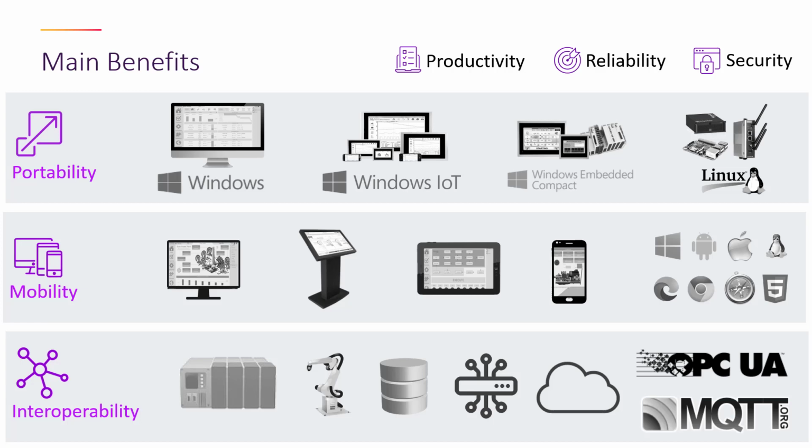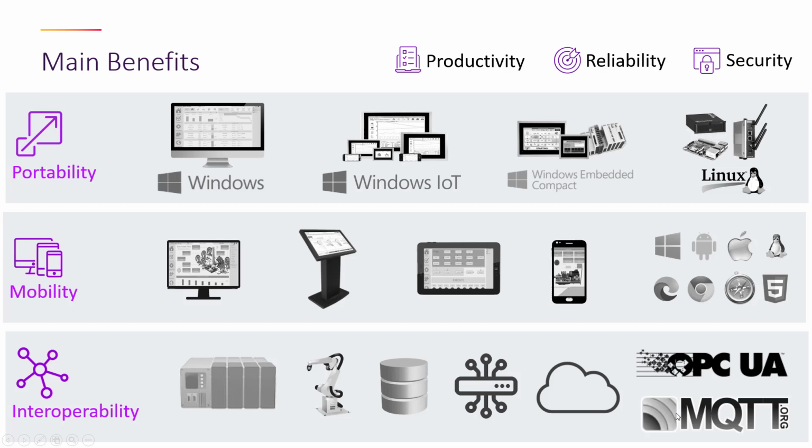We do have a full complement of both OPC DA and UA, both client and server capabilities, if you need to use those. We can communicate to databases, networking devices, cloud-based architectures, again via OPC, via MQTT.